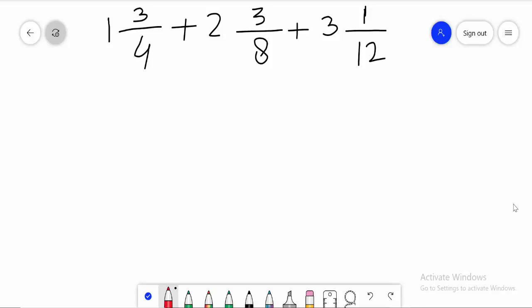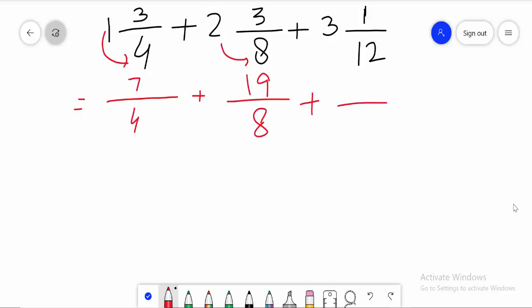First of all, what to do with this? 1 multiply 4, 4 1s are 4, plus 3 is equal to 7 over 4, plus 2 multiply 8, 2 8s are 16, plus 3 is equal to 19 over 8, plus 3 12s are 36, plus 1, 37 over 12. This is the fraction after converting the mixed fractions.